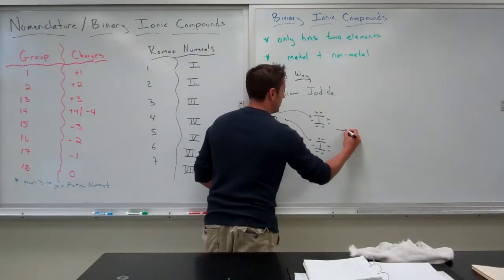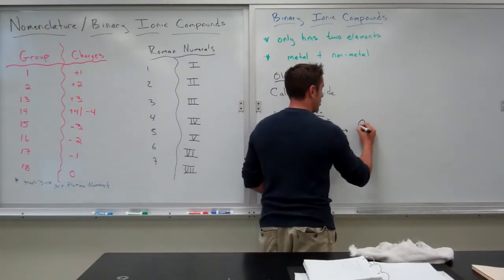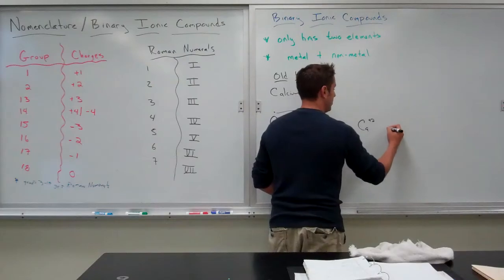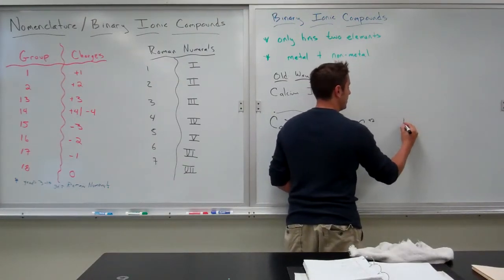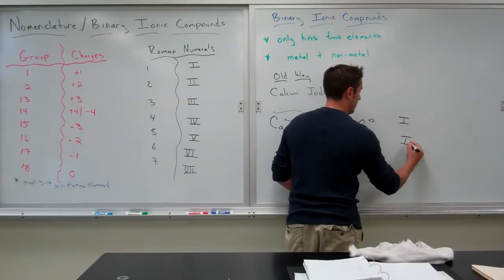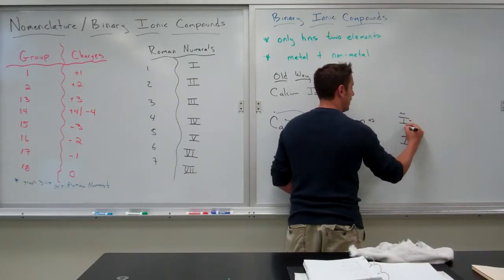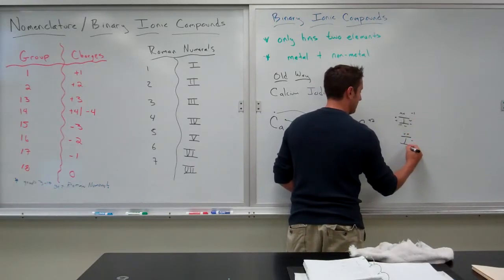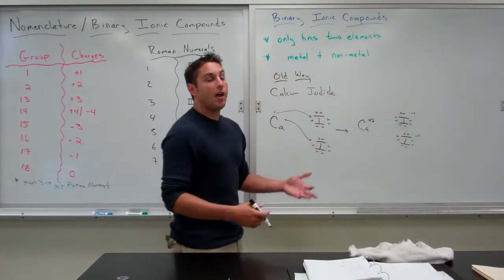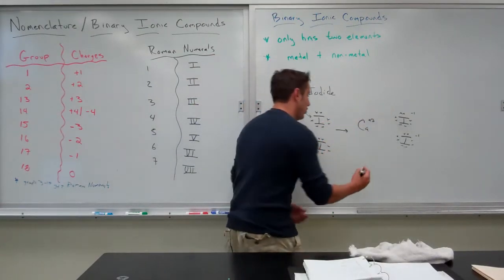That gets transferred to there. And then in the after picture, you have a Ca 2+, and then 2 different I's with now 8 dots that are both 1-. And then from the picture, we'd say, oh, I need 1 calcium and 2 iodides.